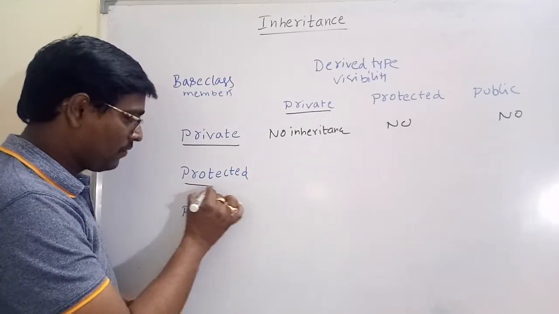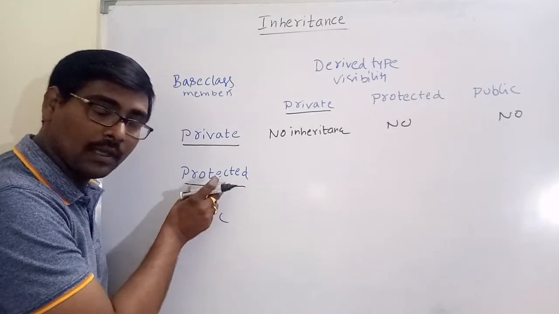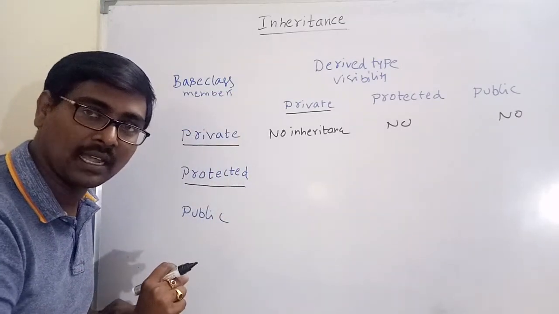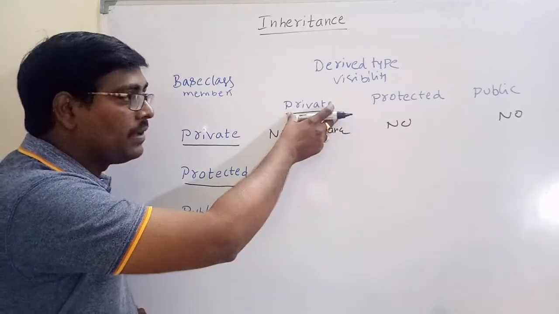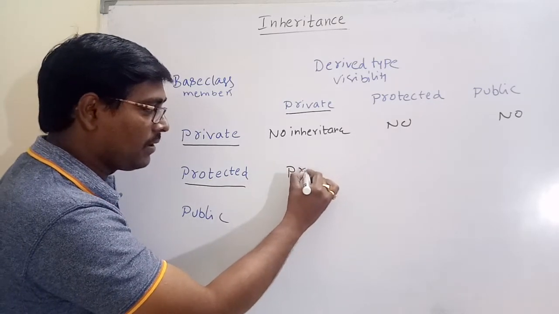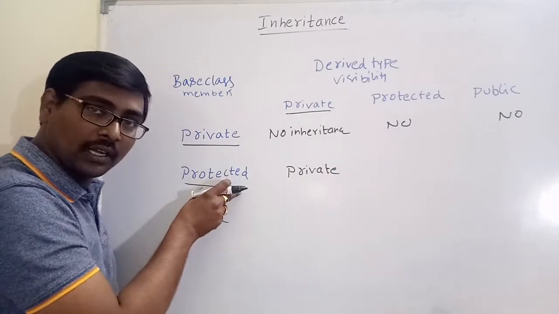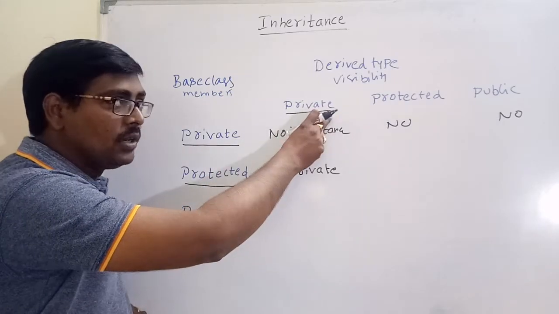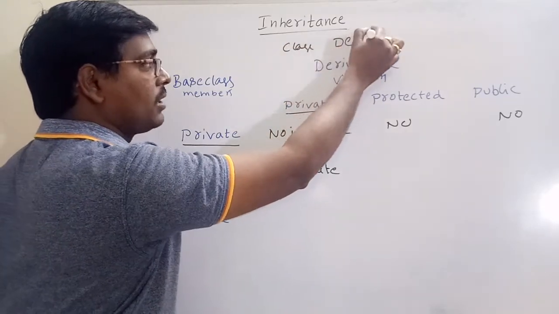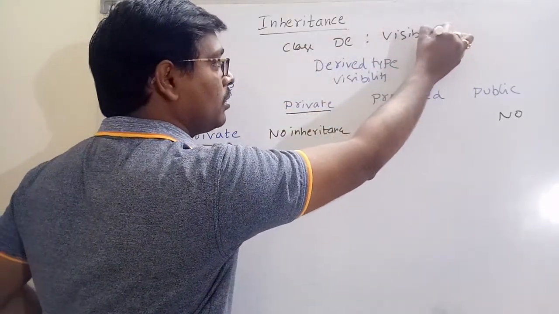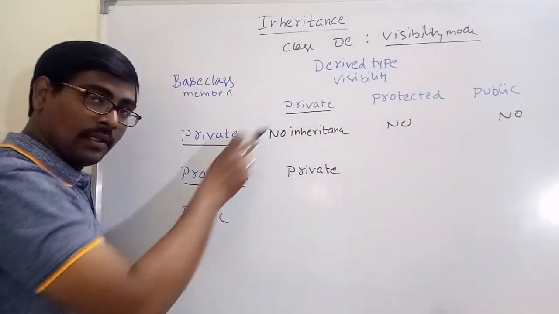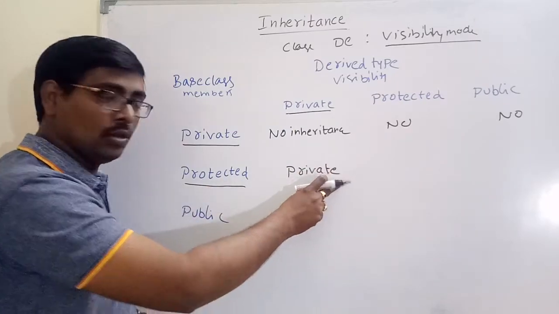Now, if the member is protected in the base class and I am deriving privately, the member becomes private. Visibility mode means, again I am writing class, derived class, and this is the visibility mode. If the visibility mode is private, even though it is a protected member, it comes into private.